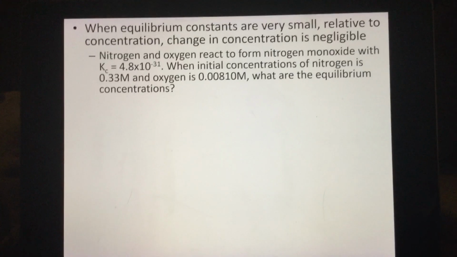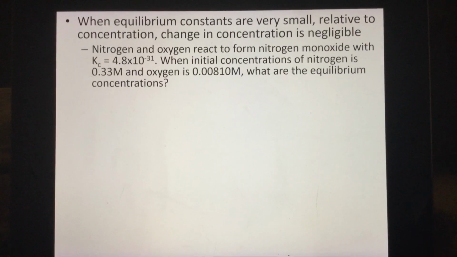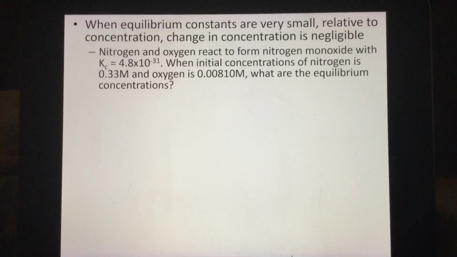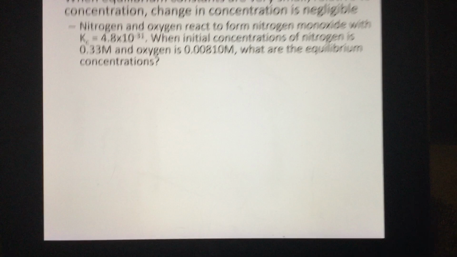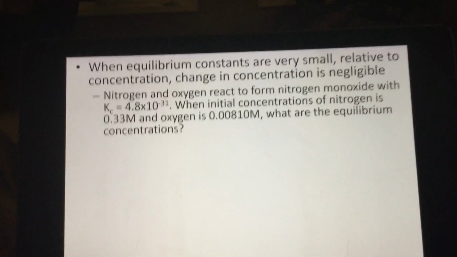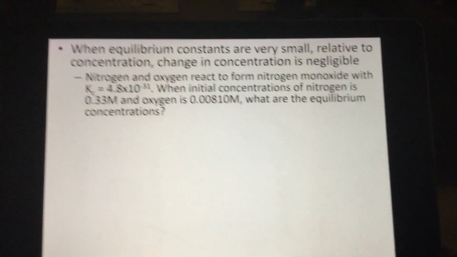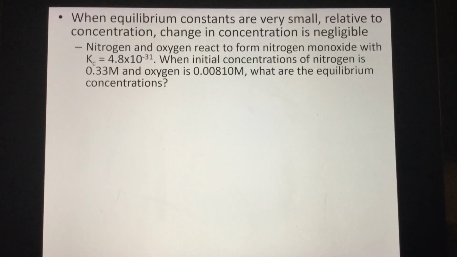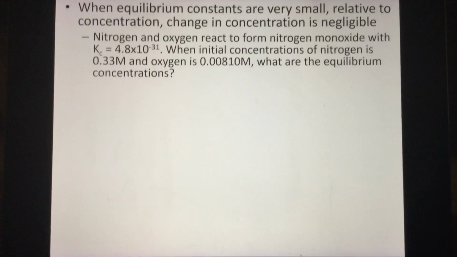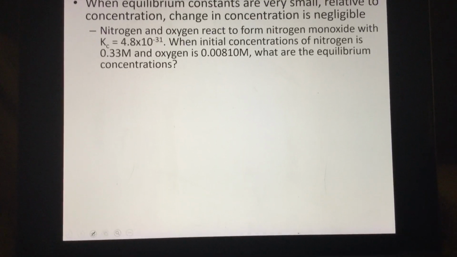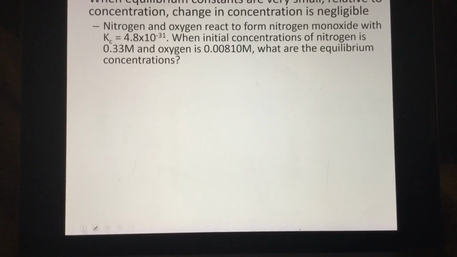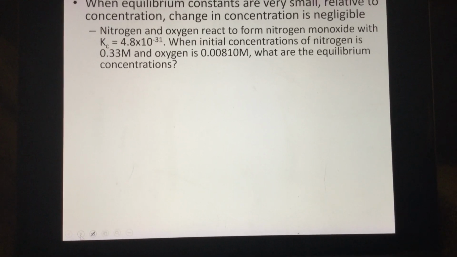When we have equilibrium constants that are very small relative to their concentrations, we can assume that the change in concentration is negligible, and therefore, as I'll show you, we don't have to end up using the quadratic equation.